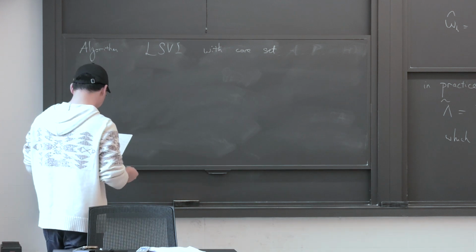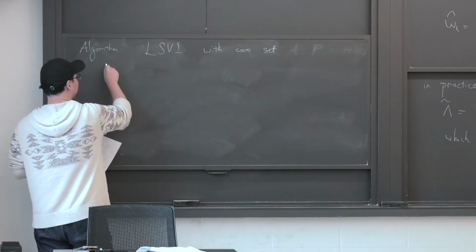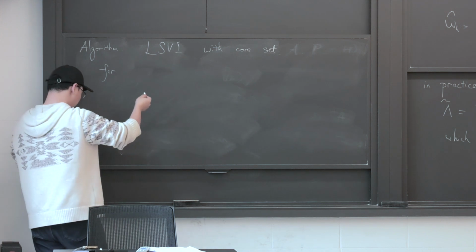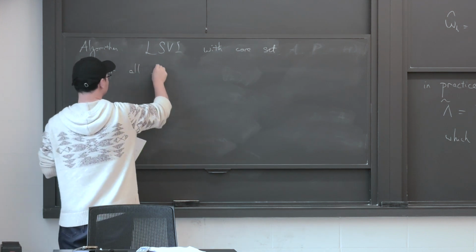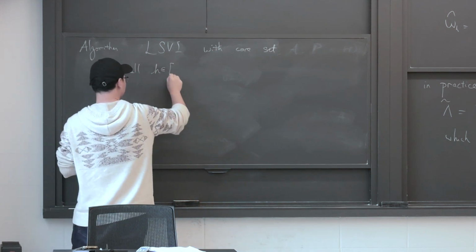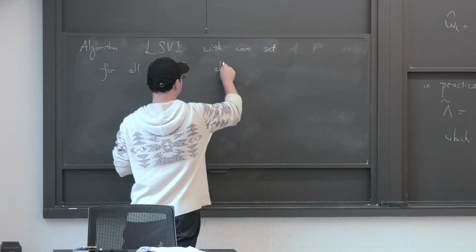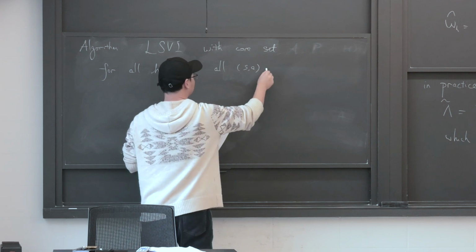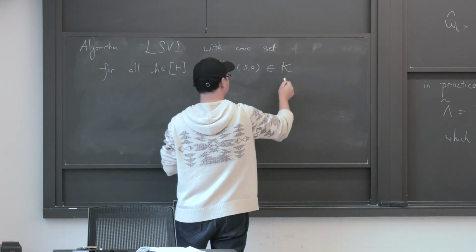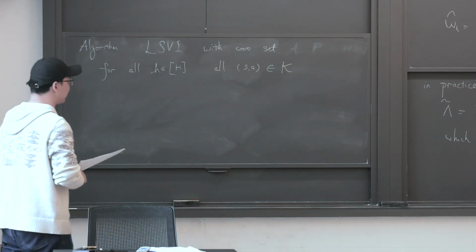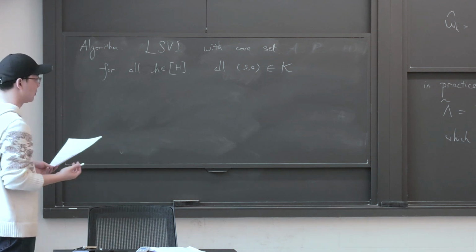We will do two parts. The first part is data collection for all steps, and all the state action pairs in the core set. Remember, in a tabular simulator setting, we just directly query all the state action pairs.